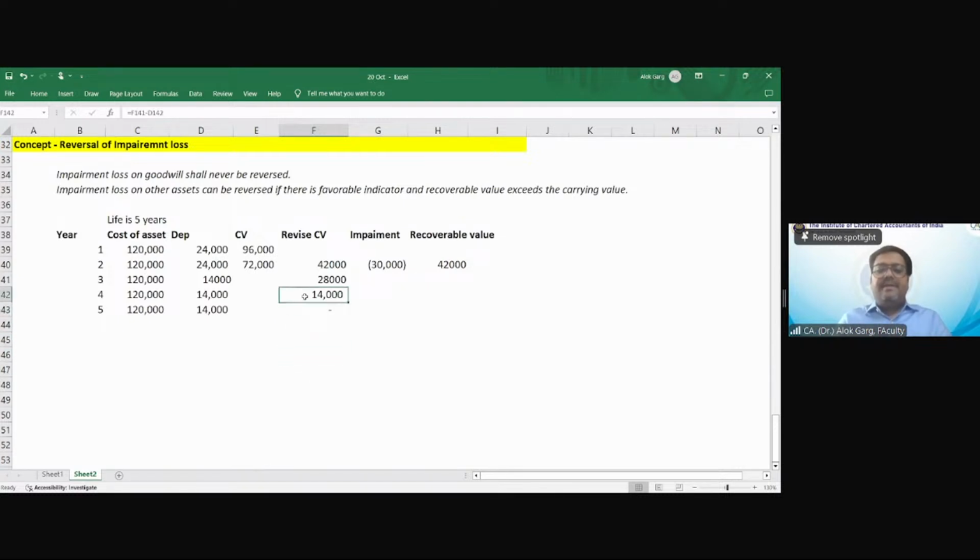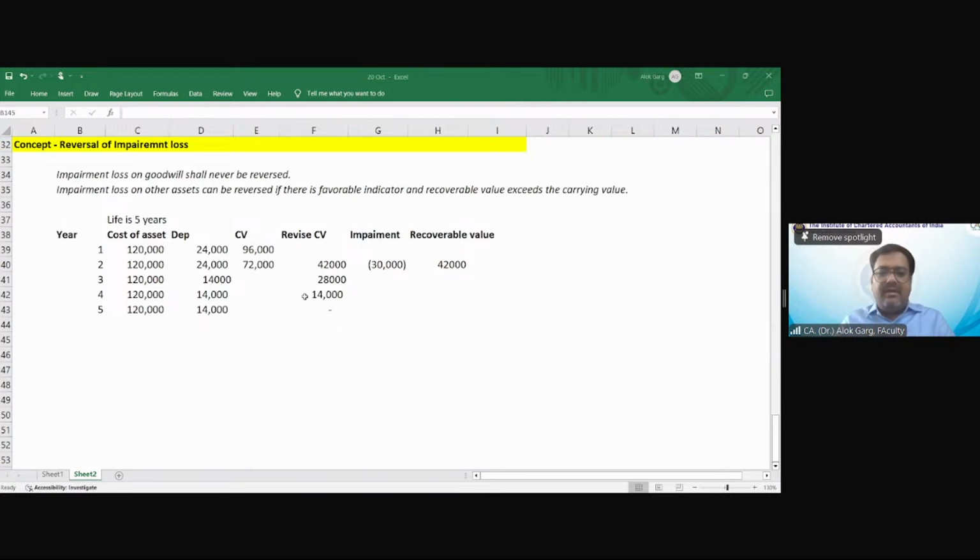So friends, we are all okay with this example. What we have done is put in an impairment and then the revised depreciation. Now I need to discuss how much impairment loss can be reversed if the recoverable value is more than the carrying value.